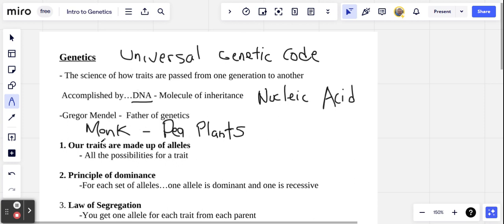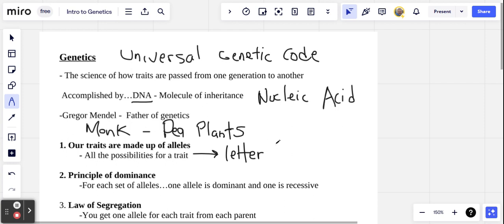And he came up with some main ideas, and one of them is that our traits are made up of alleles. An allele is just one of the possibilities for a trait. And they use a letter to express it. But that's not really what's happening. But it helps organize it.